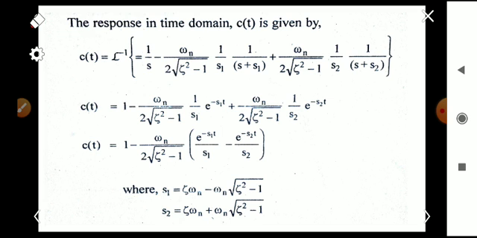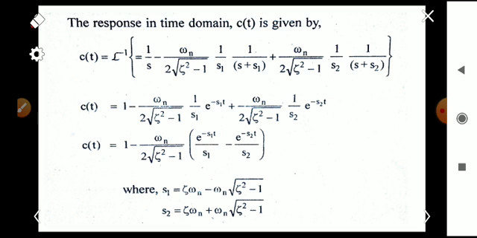And for obtaining the response in time domain, that is c of t, we have to take the Laplace inverse. The Laplace inverse of 1 by s minus omega n by 2 root theta square minus 1 into 1 by s1, that is b into 1 by s plus s1, plus omega n by 2 root of theta square minus 1 into 1 by s2, that is c into 1 by s plus s2.